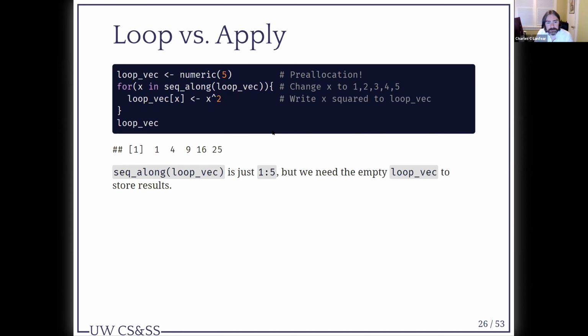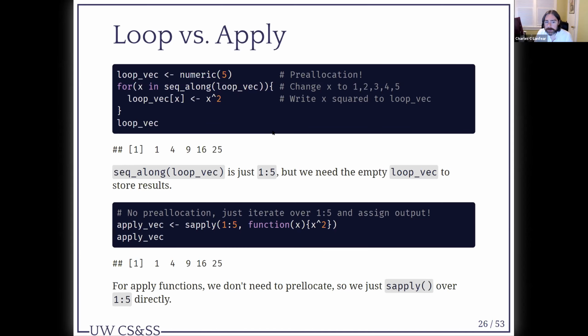Well, the thing is, this is how I could do it with an sapply instead. I don't have to do any pre-allocation. Because I'm not doing any pre-allocation, I'm not even going to do seq_along(loop_vec). I'm just going to iterate over the numbers 1 through 5. I now put the body of my loop inside of a function. I just say, iterate over 1 to 5. What function are we going to run? We're not even going to name the function. I just say function of x is x squared.